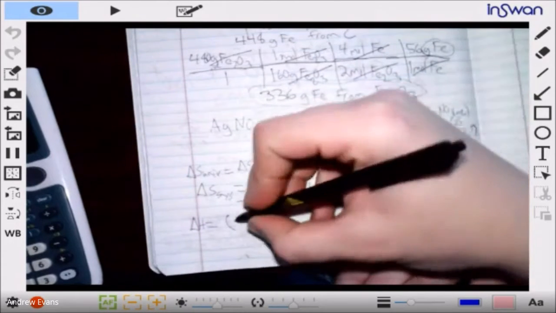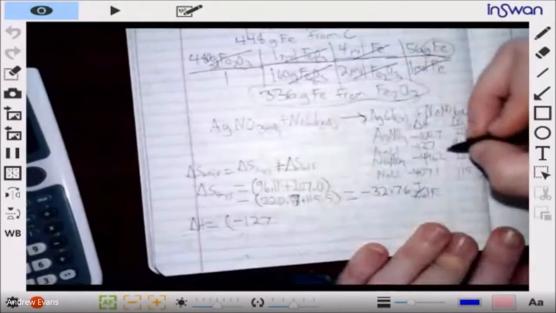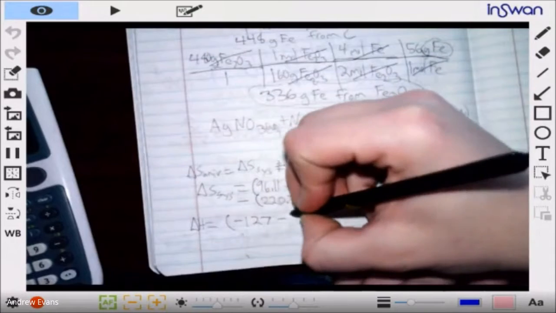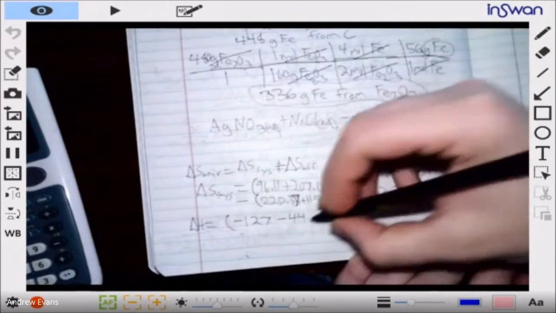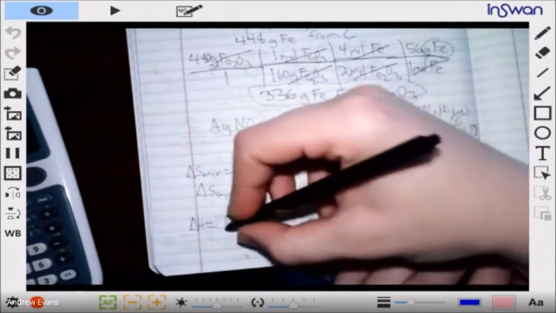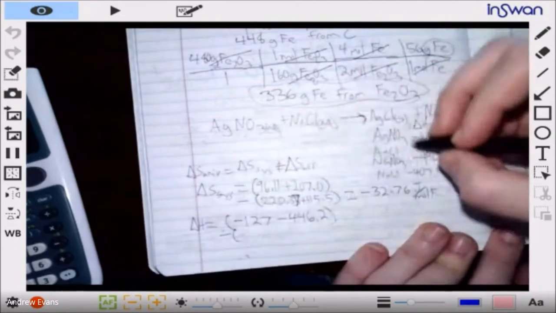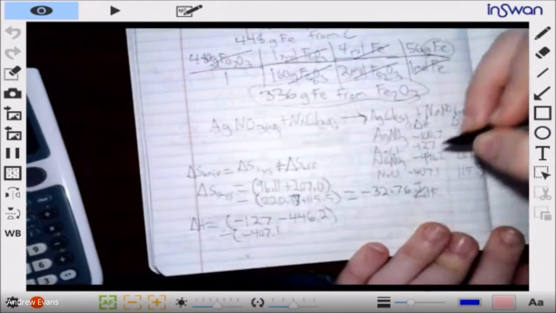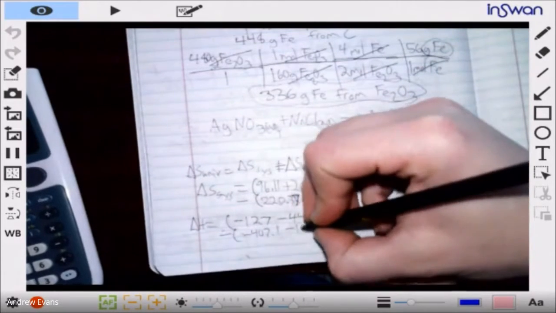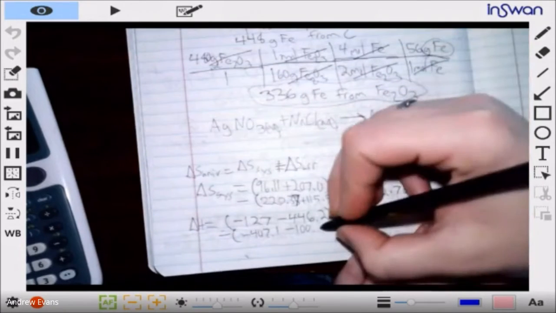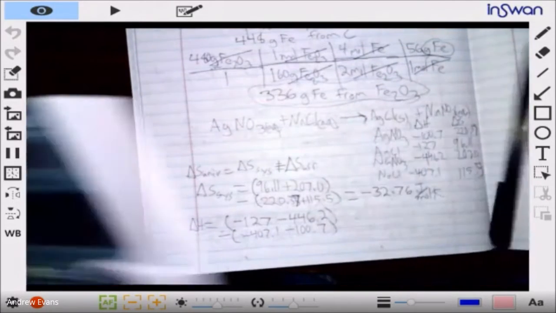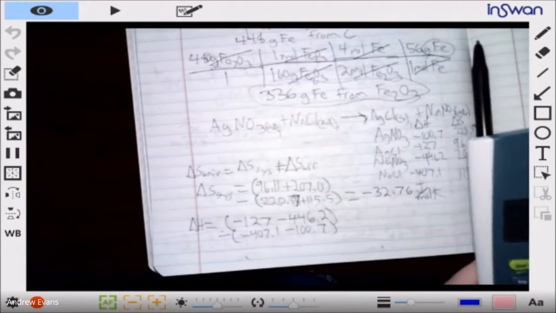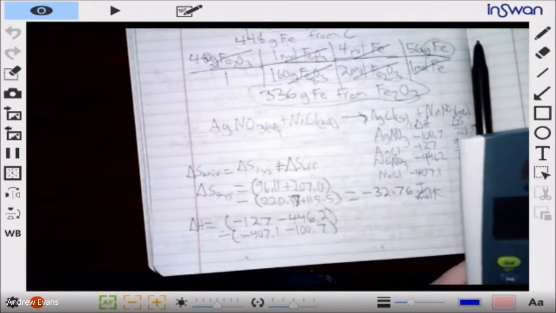Products: negative 127.2 and negative 446.2, minus the reactants, negative 407.1 and negative 100.7. So keep in mind these are all negatives, so when you subtract a negative, it's the same as adding a positive.